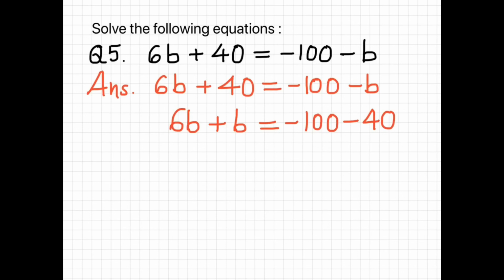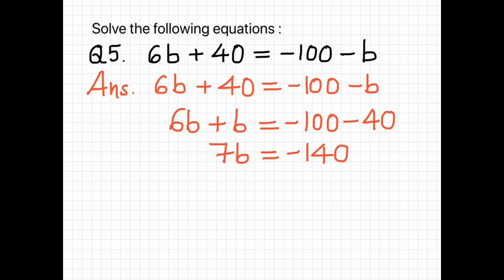Now let's simplify 6b plus b. We get 7b on the left hand side. This is equal to, and now let's simplify minus 100 minus 40. We get minus 140 on the right hand side.